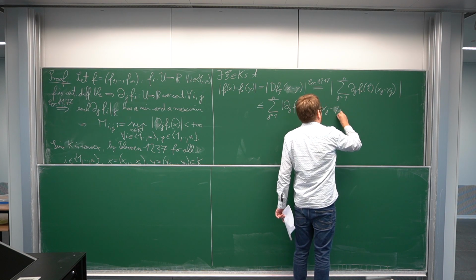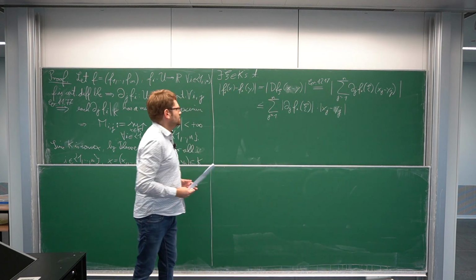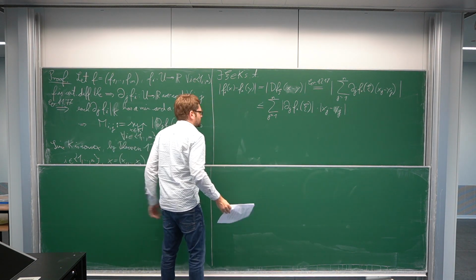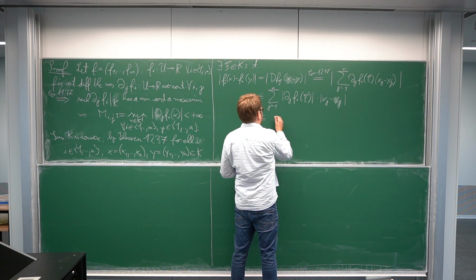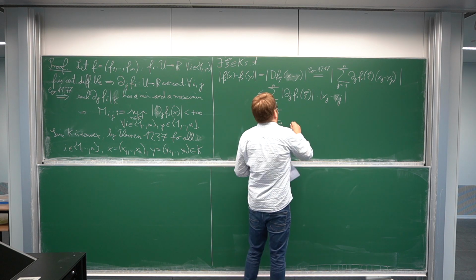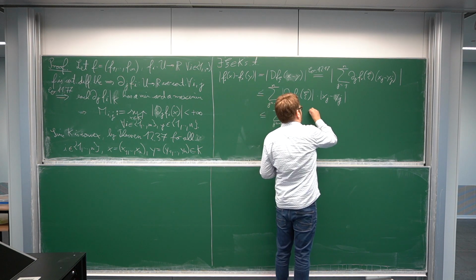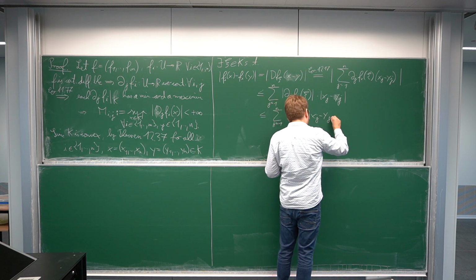And here we can see this is bounded. There we have our estimates. This is the supremum. So we can make another estimate. We can say that this is smaller than or equal to the sum over j from 1 to n of M_{ij} times |x_j minus y_j|.